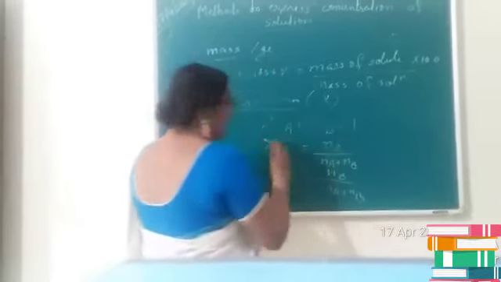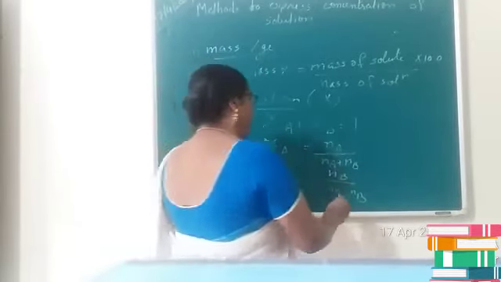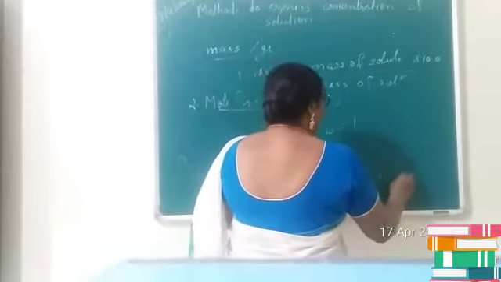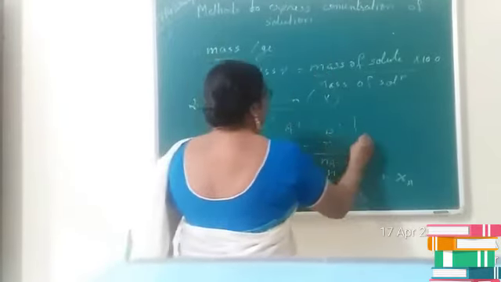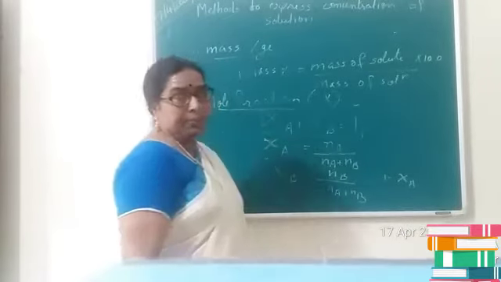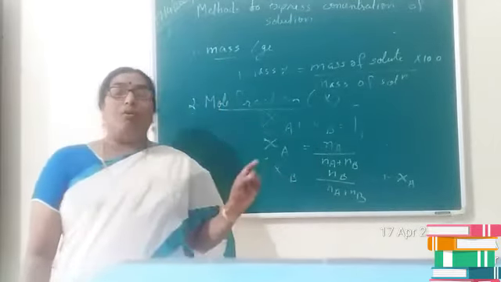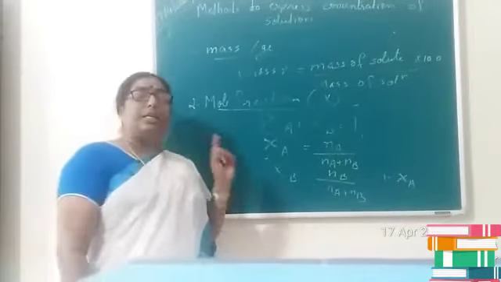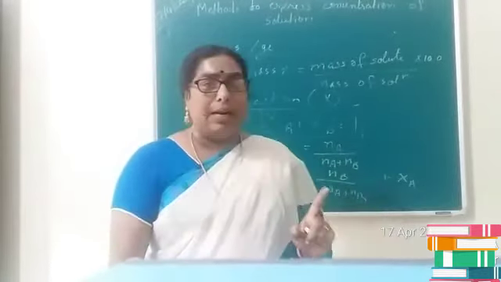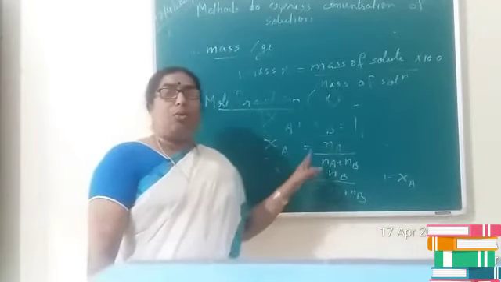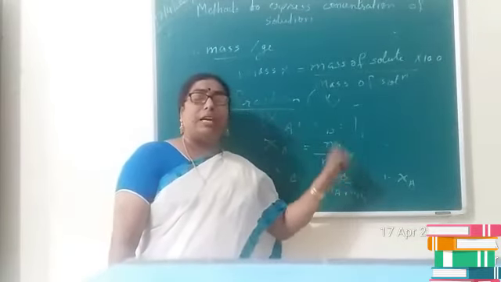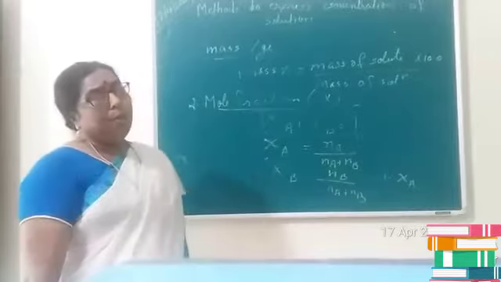Or once you calculate Xa, you can calculate Xb as 1 minus Xa, since Xa plus Xb is equal to 1. So the mole fraction of a binary solution is always 1.